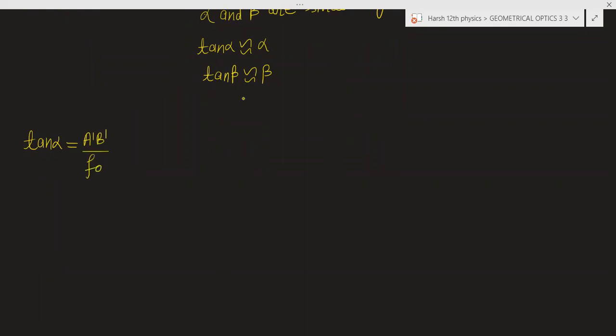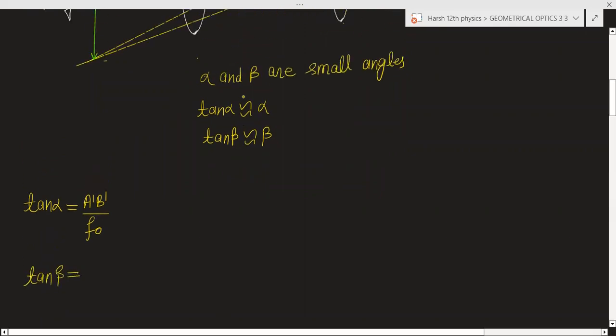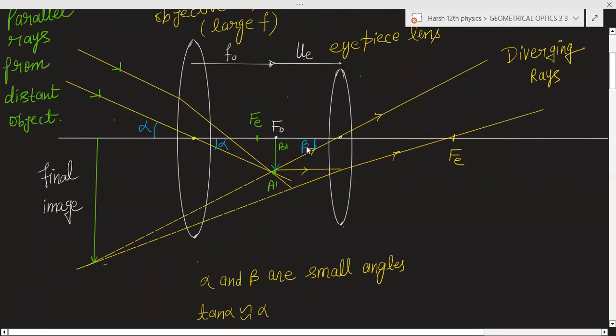Now, we can find tan beta also. See, this angle is beta. Now see in this triangle, tan beta can be written as A dash B dash divided by this distance, and this distance is UE.